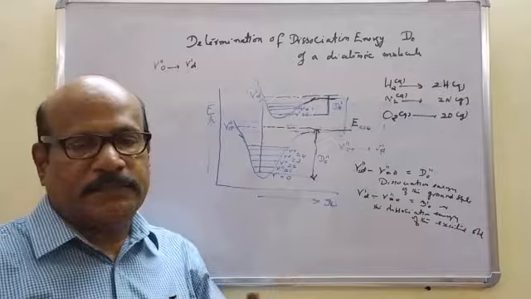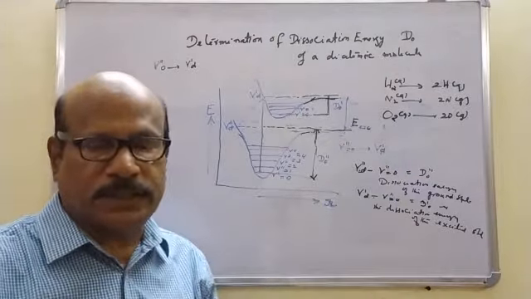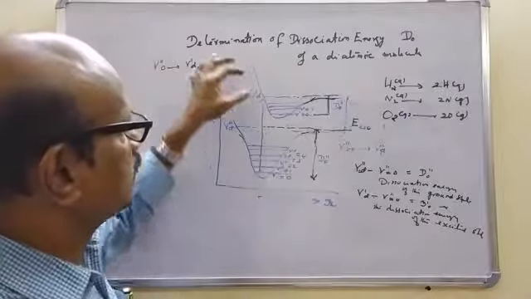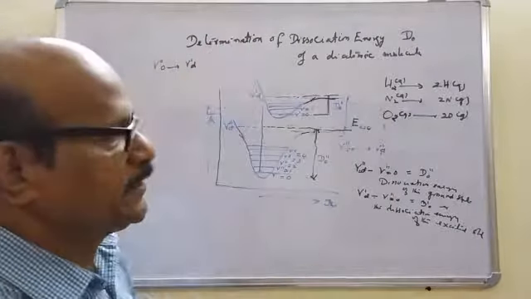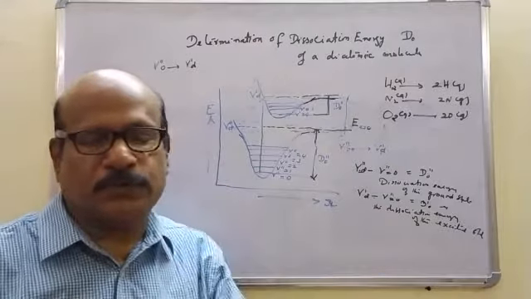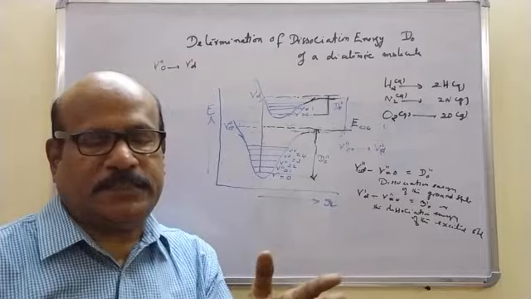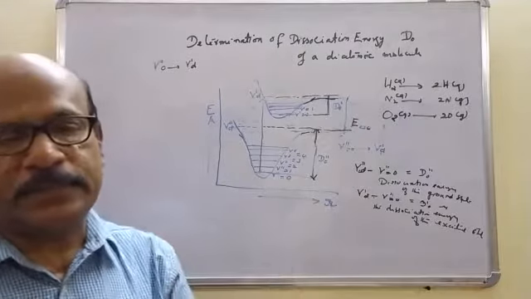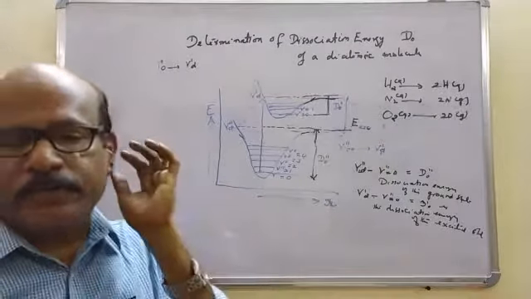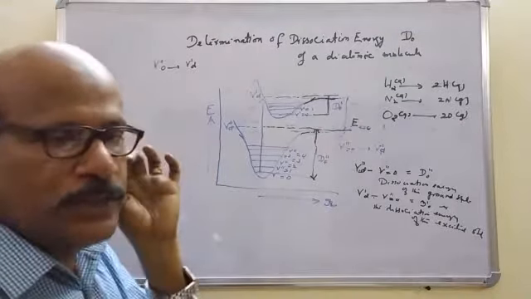They vibrate to an infinite distance, leading to dissociation. So this ν′D represents the limiting vibration for dissociation, the ν limit. The minimum amount of vibration required to dissociate the molecule is called the ν limit.